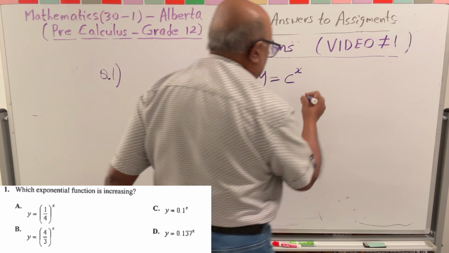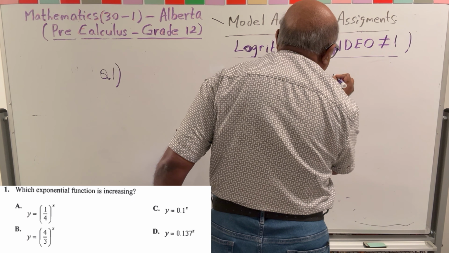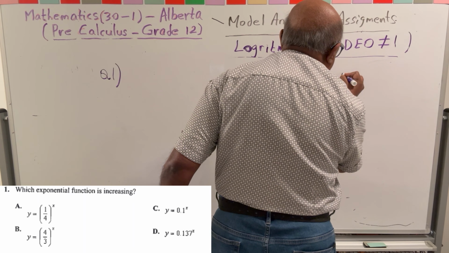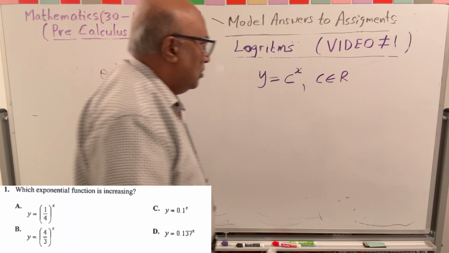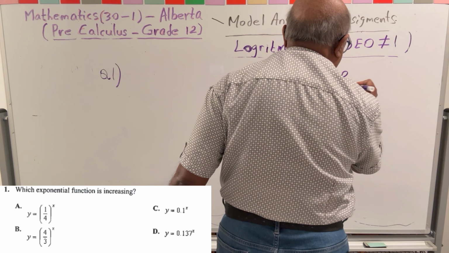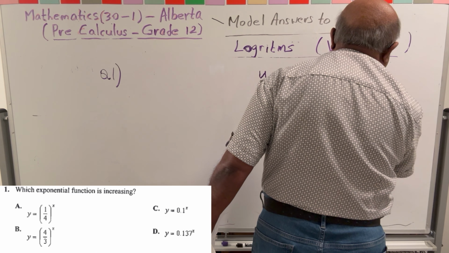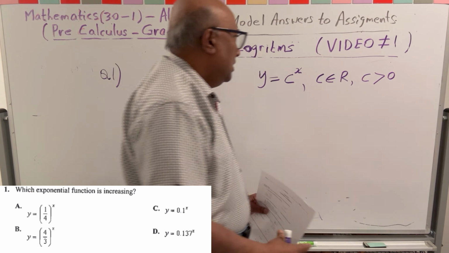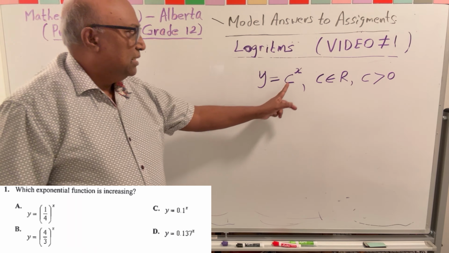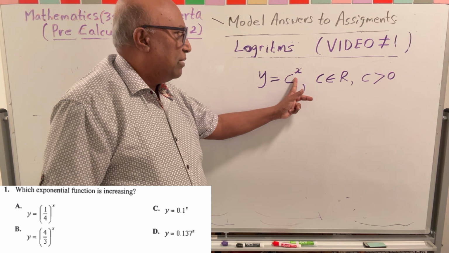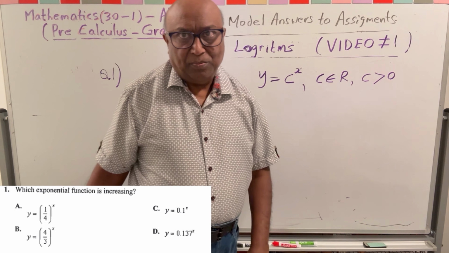What is c? Here c is an element of R, a real number. Also c greater than 0. In order to define this exponential function, these conditions will satisfy. C can be any real number, but c should be greater than 0.